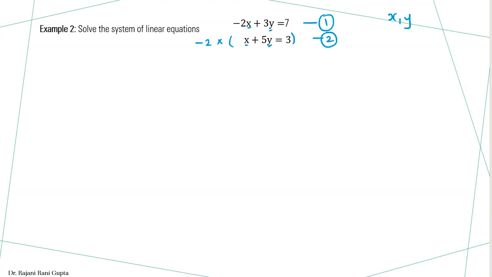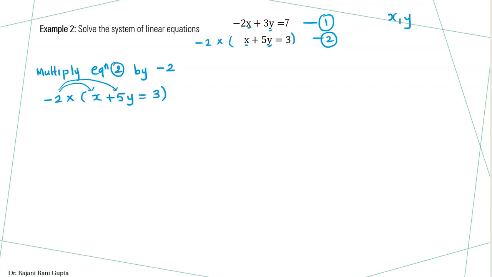So multiply equation 2 by minus 2. So what do you get? Minus 2 times x plus 5y equal 3. So then minus 2 is multiplied with x, with 5, and with 3.